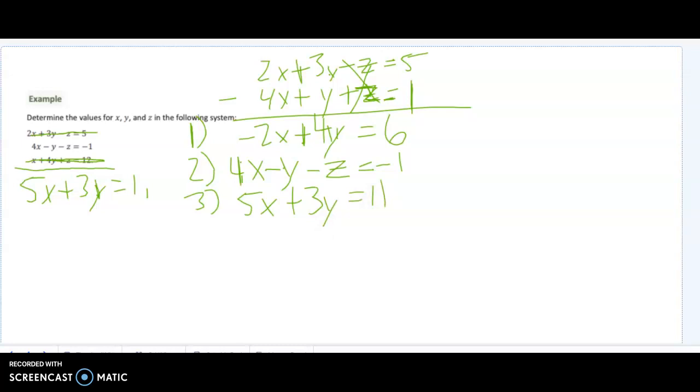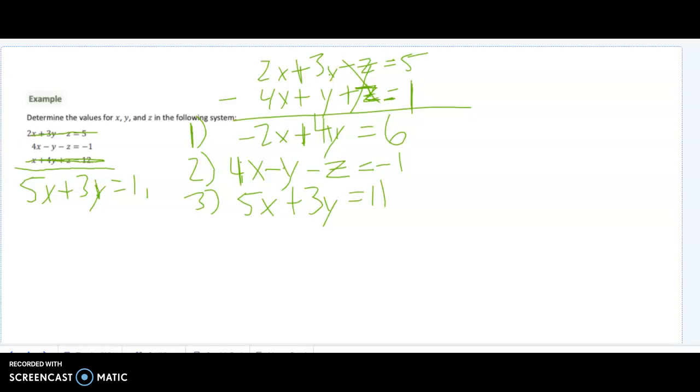What we're going to do to try and eliminate, let's eliminate x. Okay, take equations 1 and 3 and multiply by that leading coefficient. So on equation 1, we're going to multiply by the leading coefficient for x on 3.